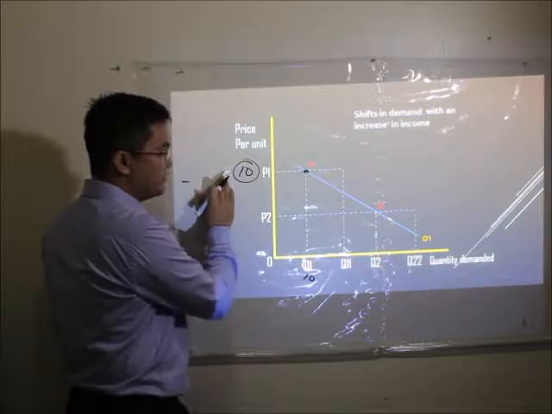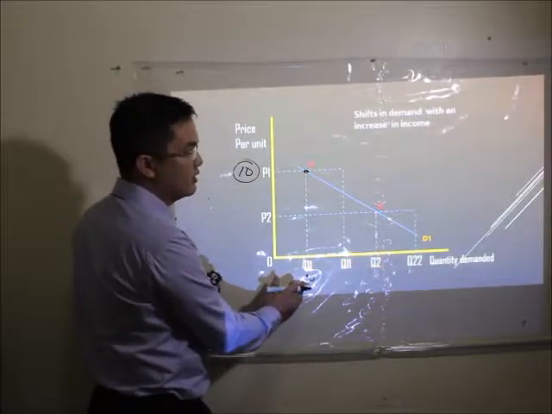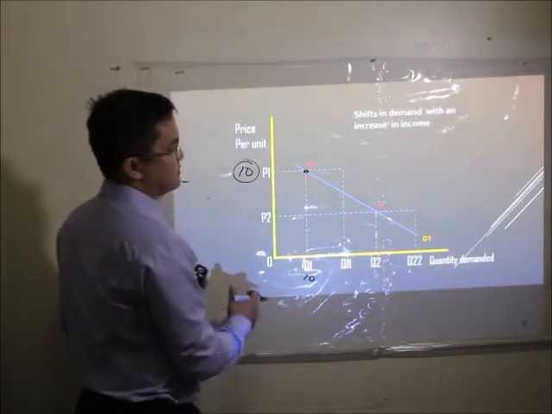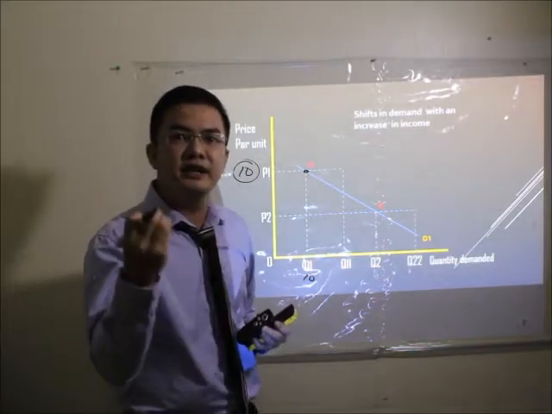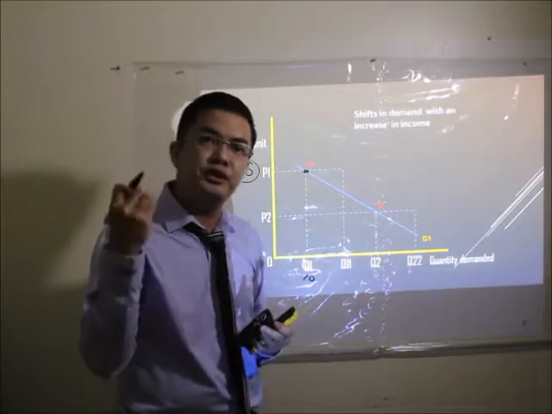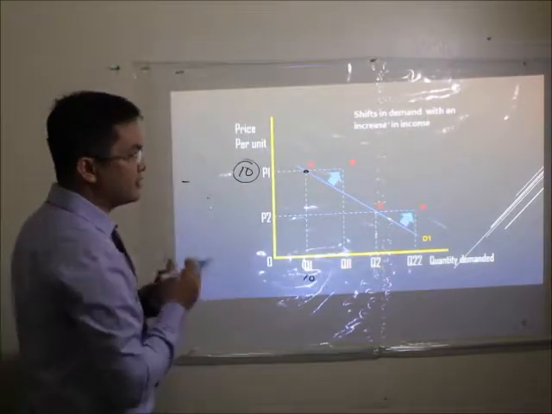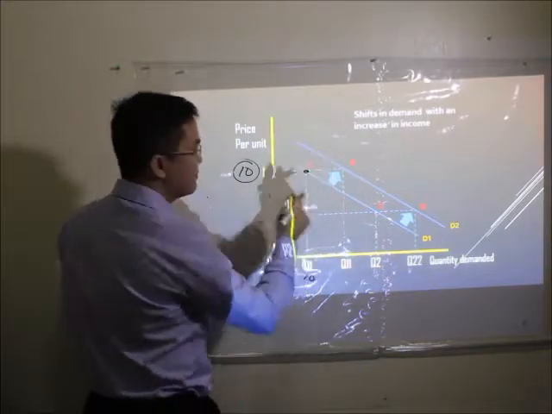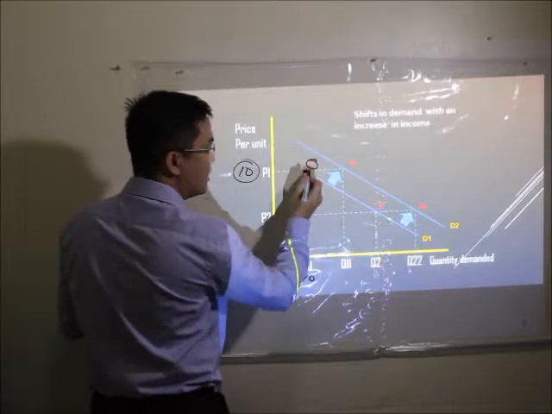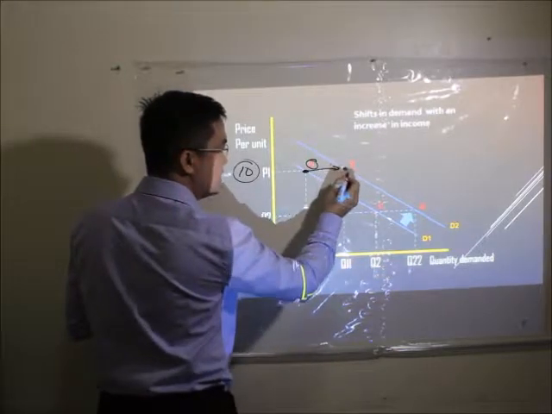Therefore, at the price of 10, you can buy 10 products. But what if your salary increases? What will happen to the demand curve? This is the demand curve. What will happen now? The demand curve will shift to the right, from point A to point B.